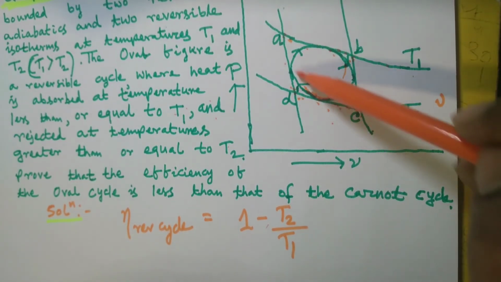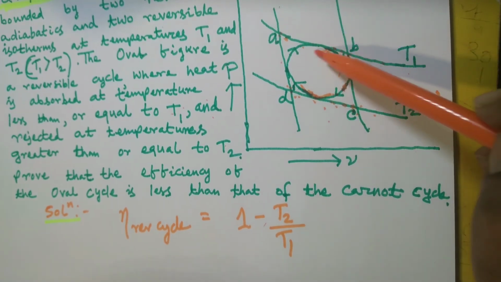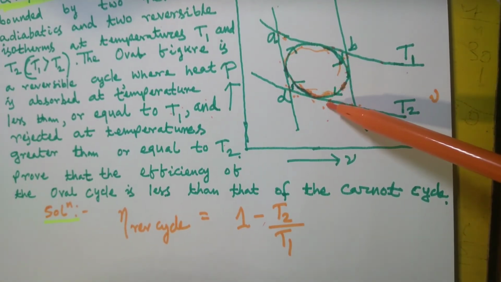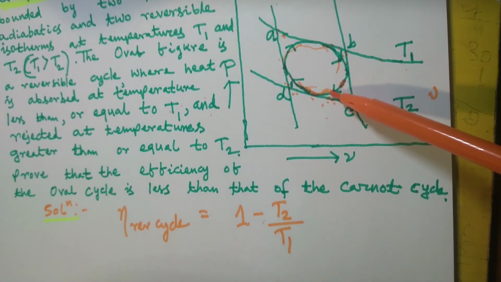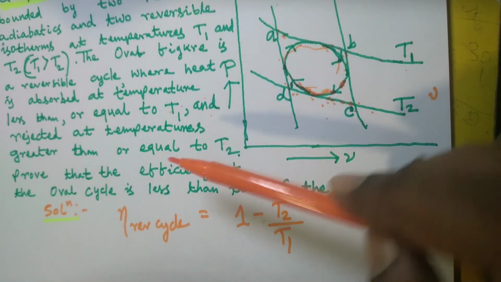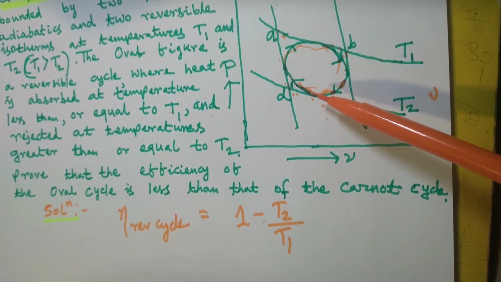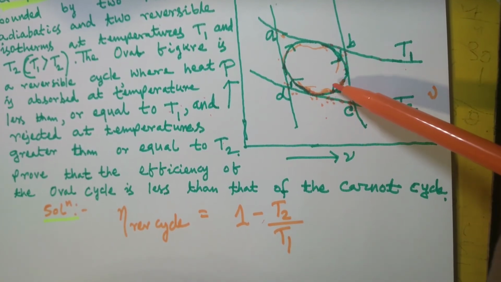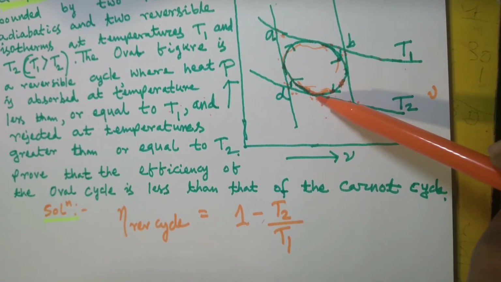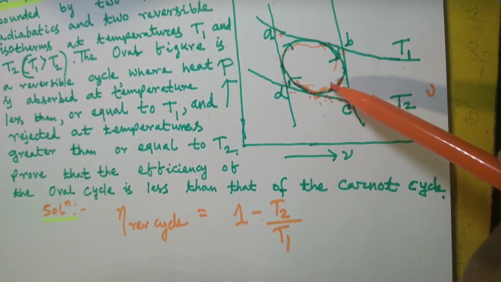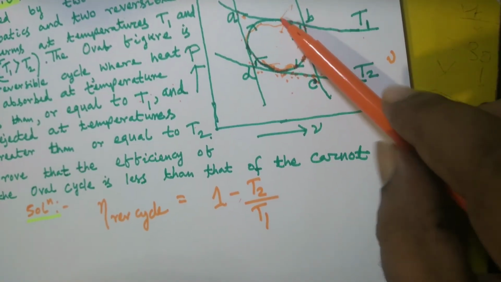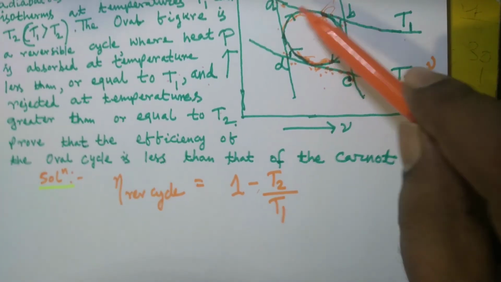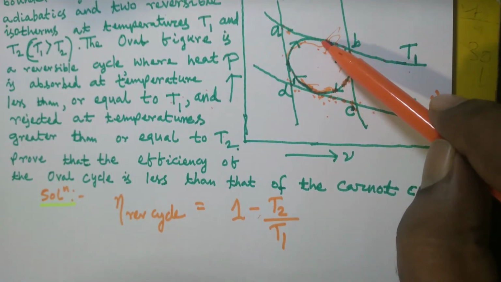But what about the oval cycle? In the case of the oval cycle, the heat rejection takes place at a temperature greater than T2. I will consider two cases, one for greater than and one for equal to. The temperature at which heat rejection takes place is greater than T2, and the temperature at which heat addition takes place is, suppose, less than T1.